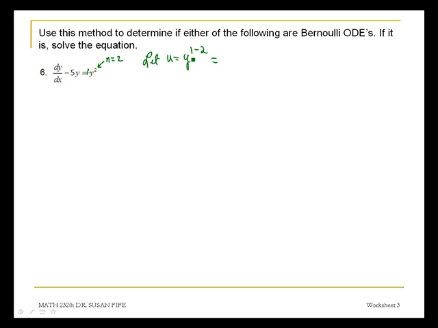When u is equal to y to the 1 minus 2 power, that gives you y to the negative first power. And then if you solve for y by raising both sides to the negative first power, you'll get y is equal to u to the negative first. Here when I substitute in, I want to substitute in for y and for dy dx.